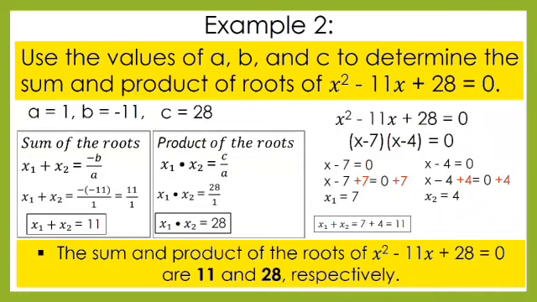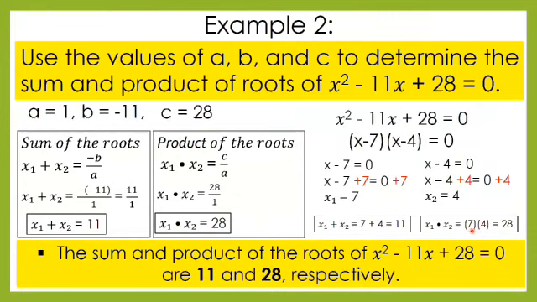x sub 1 plus x sub 2 equals, x sub 1 is 7, x sub 2 is 4. The sum of 7 and 4 is 11. Meanwhile, the product of the roots, x sub 1 times x sub 2, is equal to, x sub 1 is 7, x sub 2 is 4.